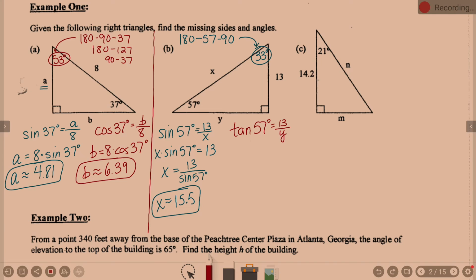The only thing that could get you in trouble is if you accidentally subtracted wrong and got your 33 wrong. So, if I multiply y to the other side, I have y times the tangent of 57 degrees is equal to 13. If I divide, I'm going to have 13 divided by tangent of 57 degrees.